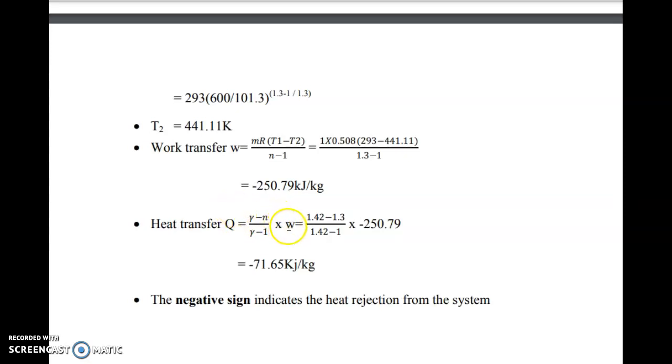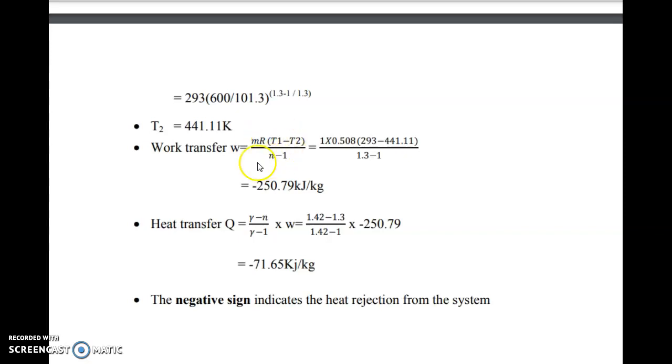So how to find out the work transfer for the polytropic compression process? This is the formula generally used: W equals mR(T1 minus T2) divided by (n minus 1), where W means work transfer, m means mass of the gas, R means gas constant, T1 initial temperature of the gas, T2 final temperature of the gas, small letter n polytropic index.